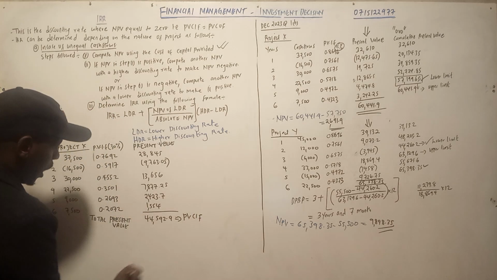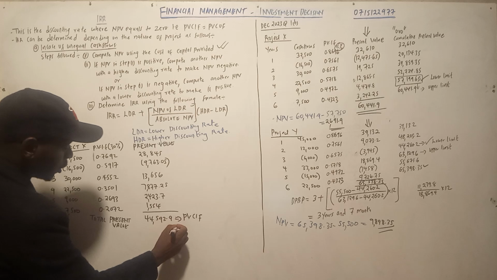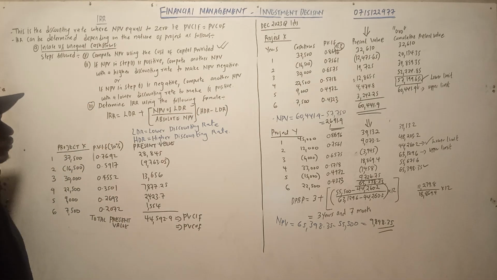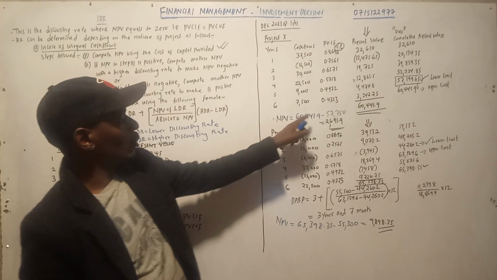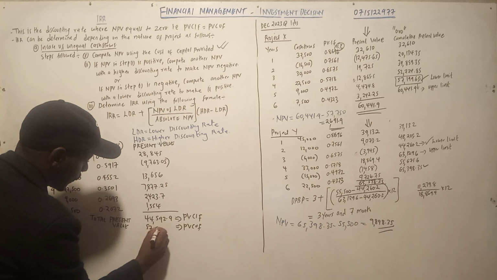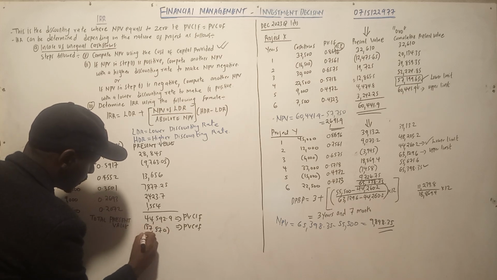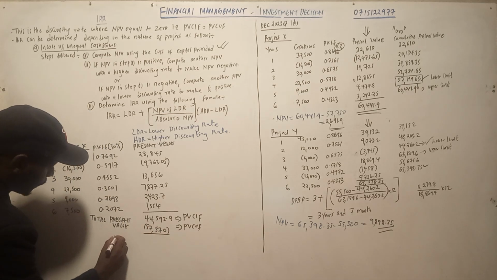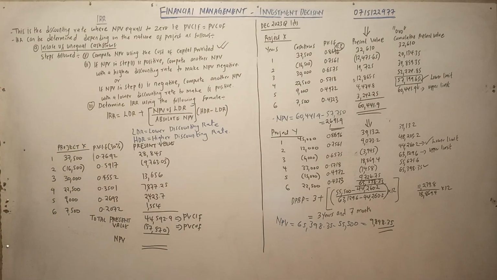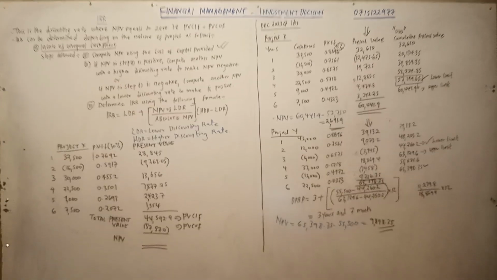Now, but remember our cash outflow, present value cash outflow, remember ni ngapi? For project X equal 57,750. So when we less it, we shall get our NPV. So let us less the figure.